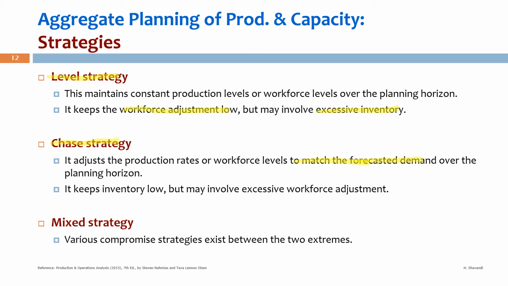Here we will have low inventory, but we may have excessive workforce adjustment. The mixed strategy is something between these two extremes. Anything between these two extremes will be considered a mixed strategy.